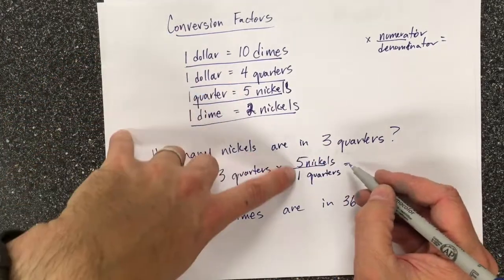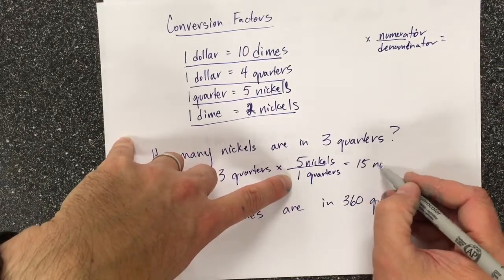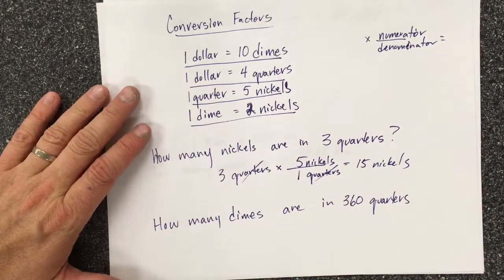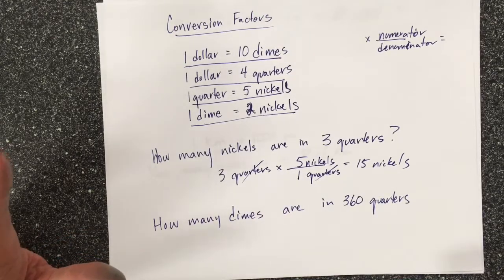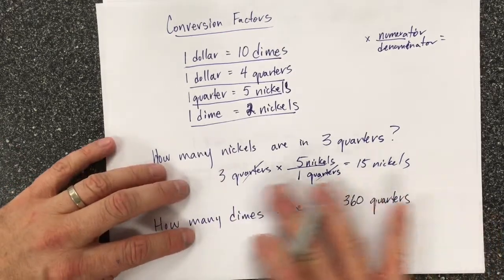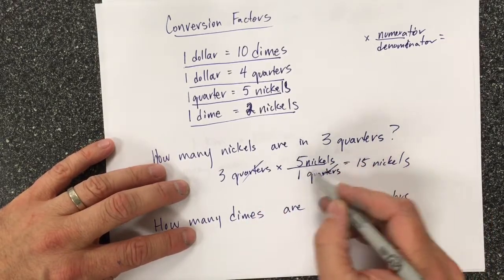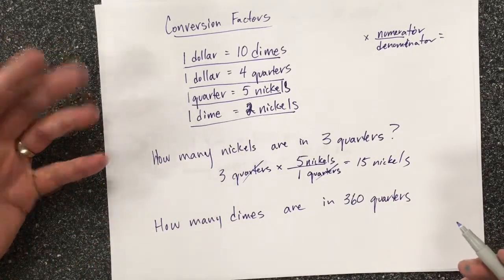So 3 times 5 divided by 1 is 15 nickels, and the quarters cancel out. You probably knew the answer before we ever got started, but by laying it out this way, we're able to use the relationship that 5 nickels are equal to 1 quarter to answer the question.